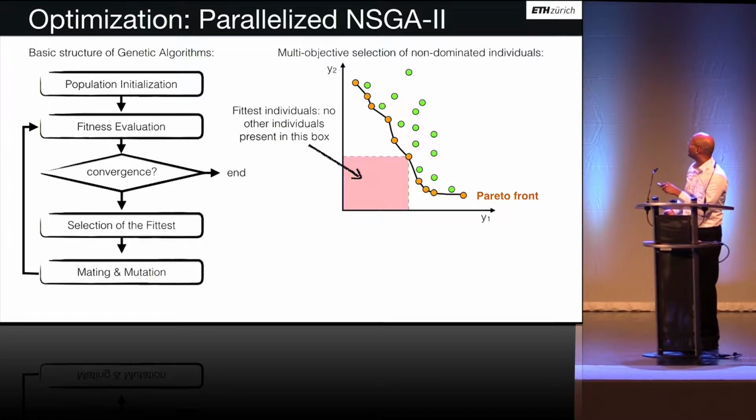So this might be speed, and high speed is preferred and low cost of transport is preferred. Actually, this is usually negative speed and cost of transport, so you want to minimize both quantities. And the good thing about all these individuals on the front is no other individual is better than any of them in both respects. So all of these are optimal in their own right.